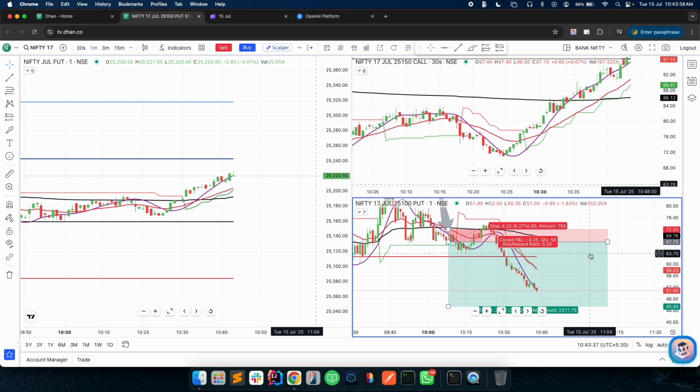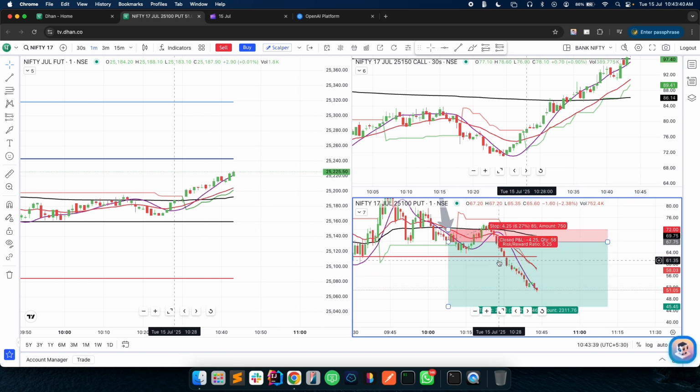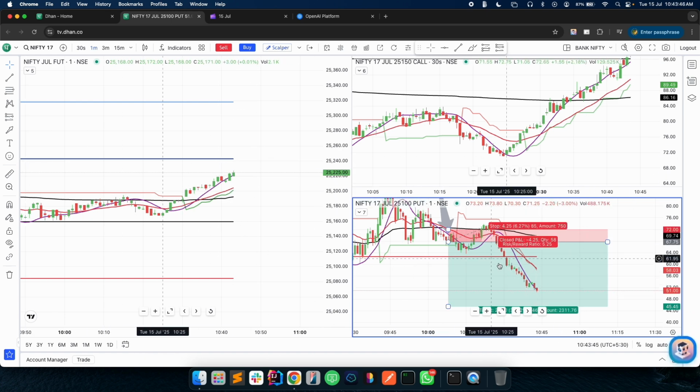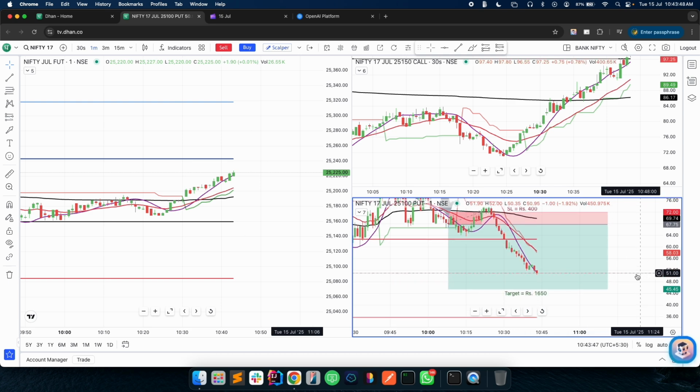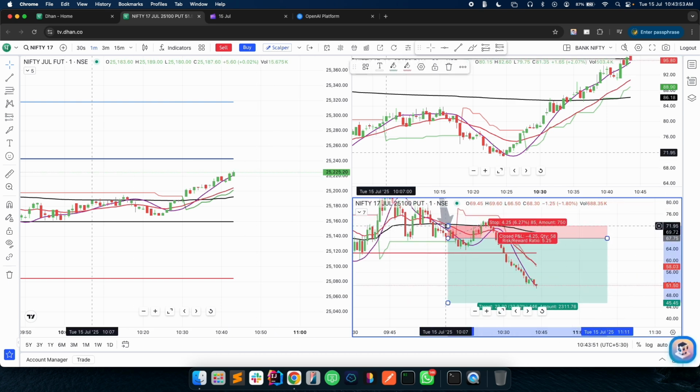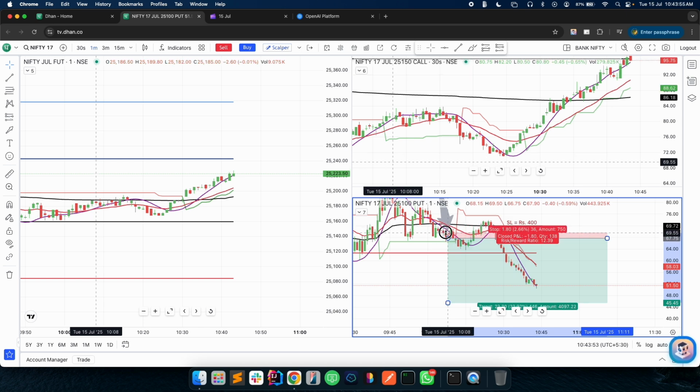Okay, next update. As AI predicted, price started going higher and higher in the Nifty, and the put option started going on a downward trajectory. Right now it's trading around 50.70. Now it's time to update my stop loss. I think we set it to 400 rupees, right?